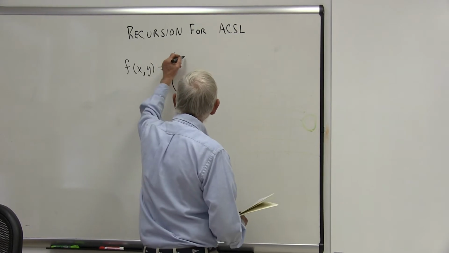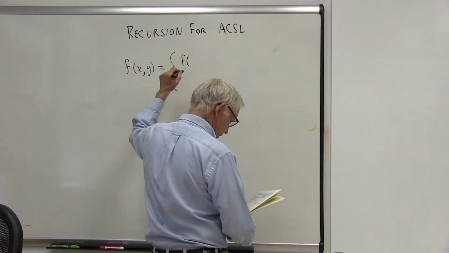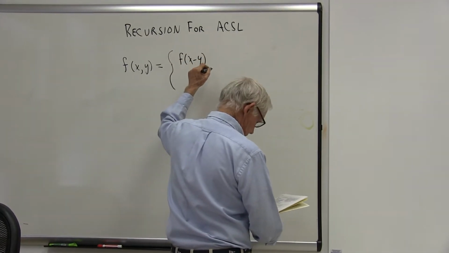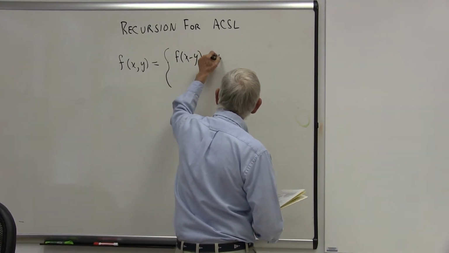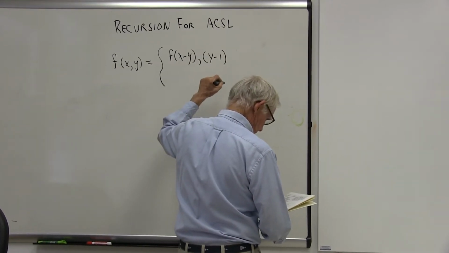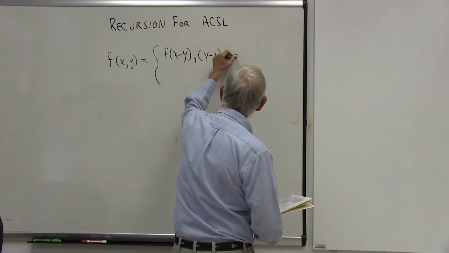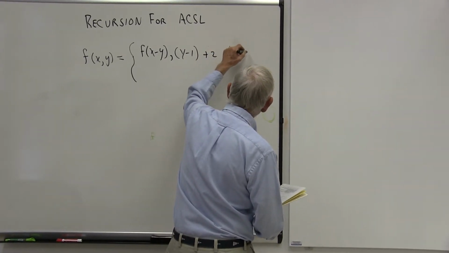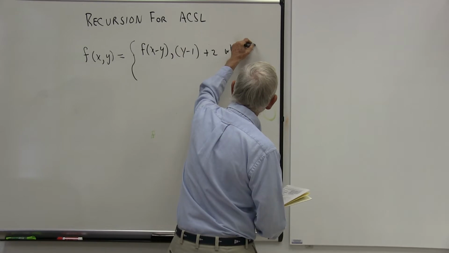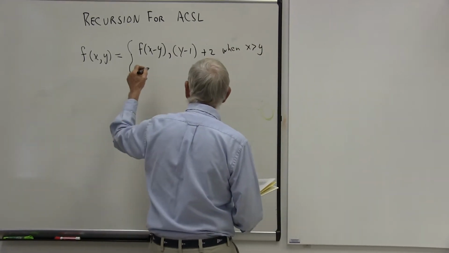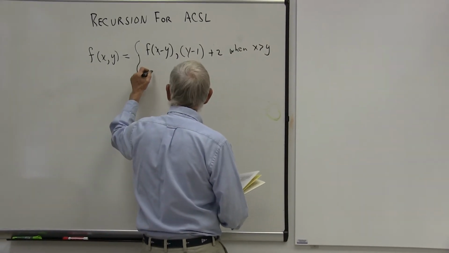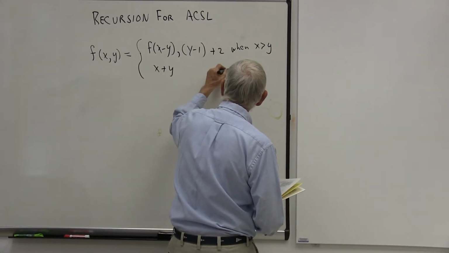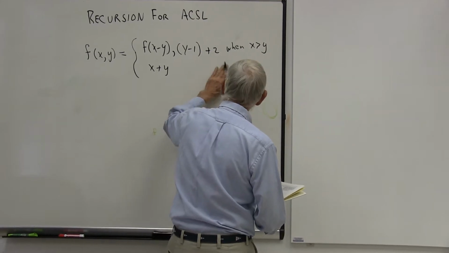All right, so this gets redefined as a function x minus y, y minus 1, plus 2 when x is greater than y. And it gets redefined as x plus y when y otherwise.